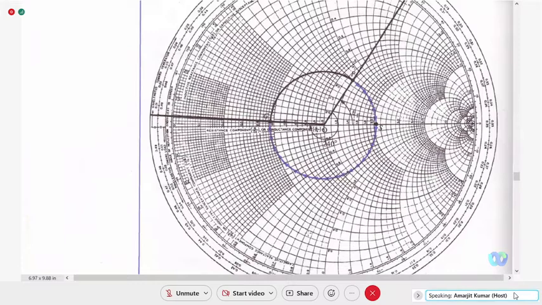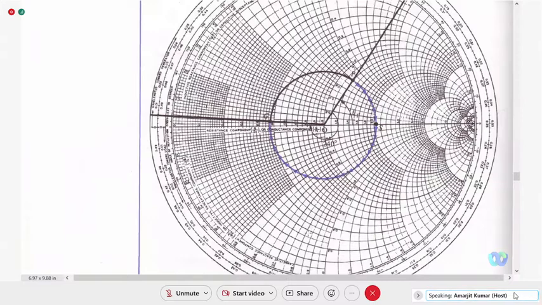So how much do we have to move on the Smith chart? From the load we have to move... Counterclockwise direction.